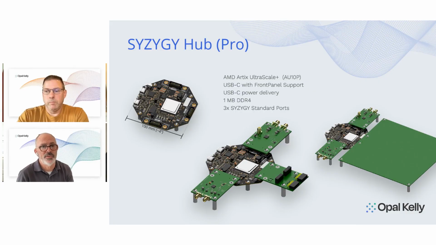And then it has three Syzygy standard ports on it for I/O expansion. We have a product line of these Syzygy I/O modules, including A to D, D to A, some communications style, debug style, digital I/O stuff, and other companies make them too.